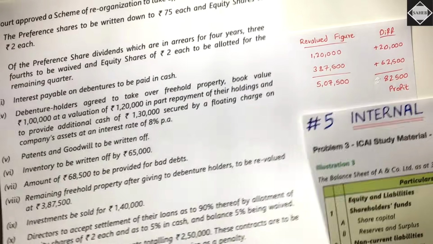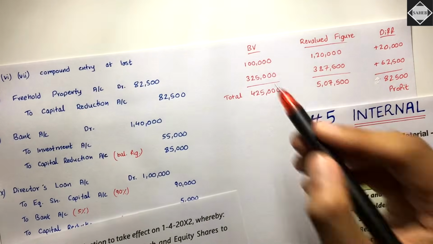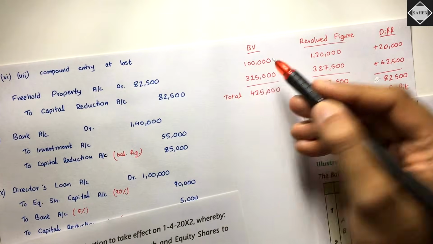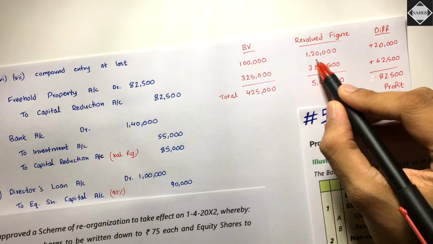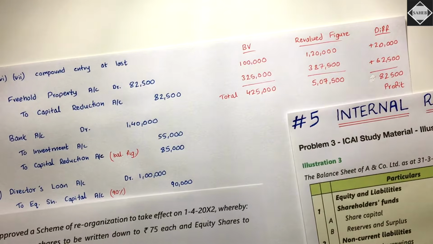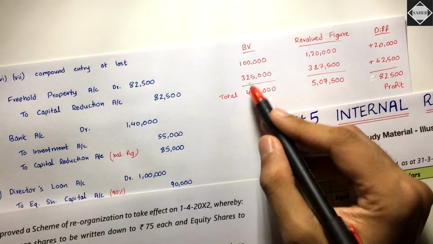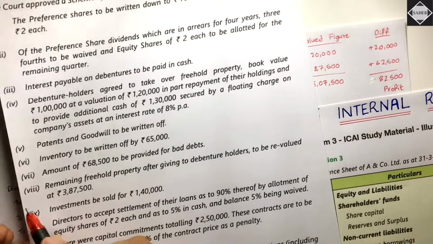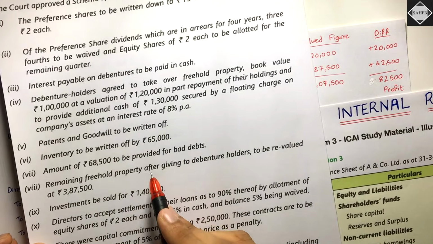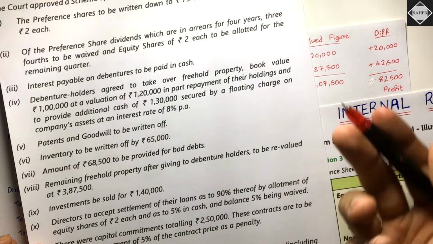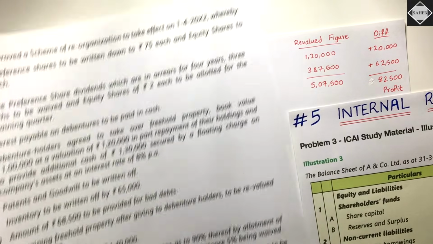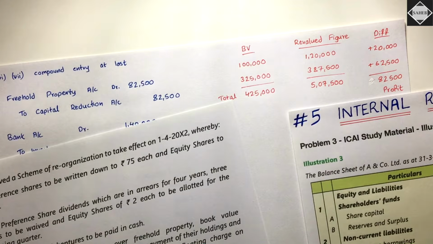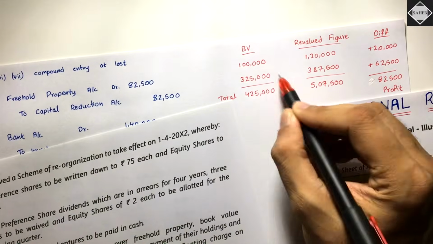Understand properly. First, 1 lakh worth of property was taken away by the debenture holders at a valued amount of 1,20,000. So 20,000 extra valuation happened, right? Revaluation upward. And then they are saying in this 8th adjustment, remaining freehold property after giving to debenture holders to be revalued at 3,87,500. What does remaining freehold property mean? Remaining means this 3,25,000.